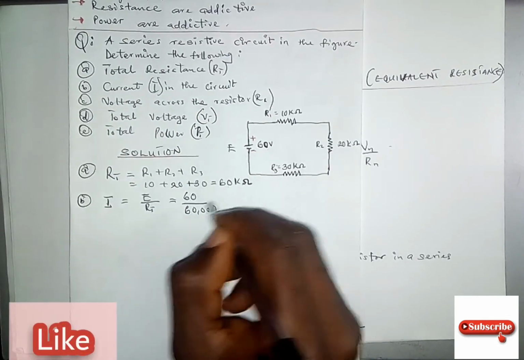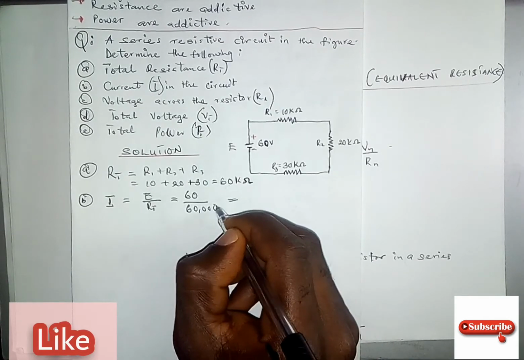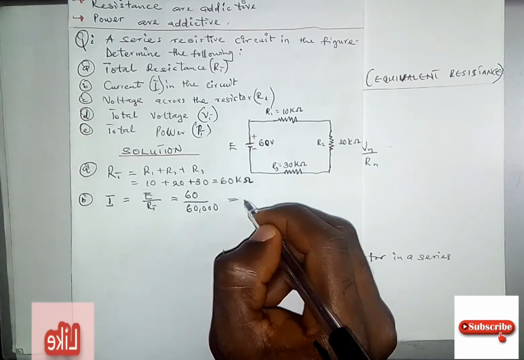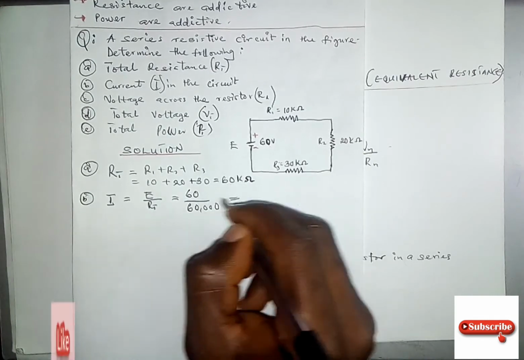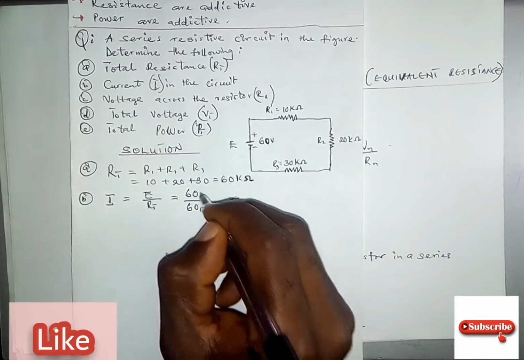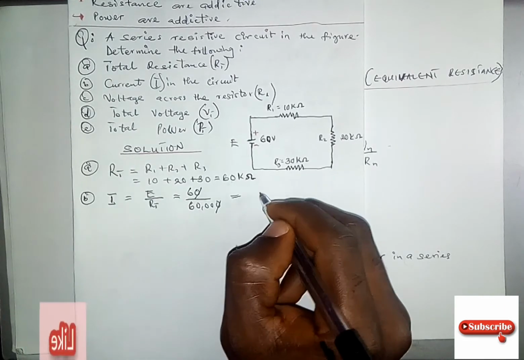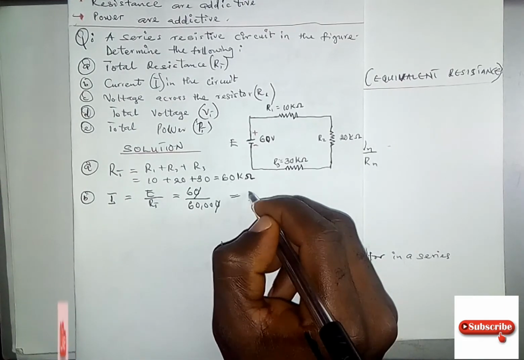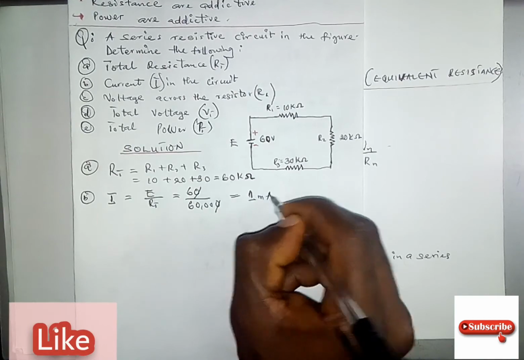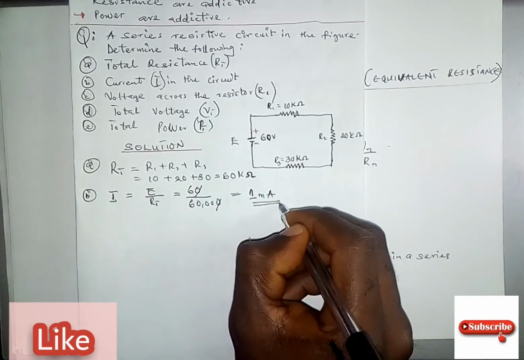So when we divide this, the six cancel each other out, and we are going to have 1 milliamp, so as not to waste our time on that.